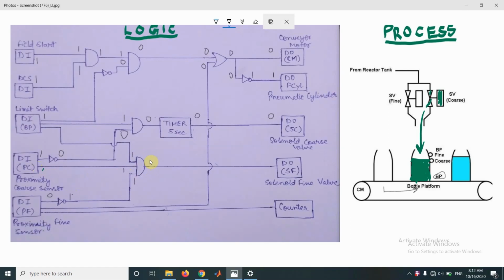This will cause the AND gate to become logically on, and now the solenoid fine valve would start filling the bottle.